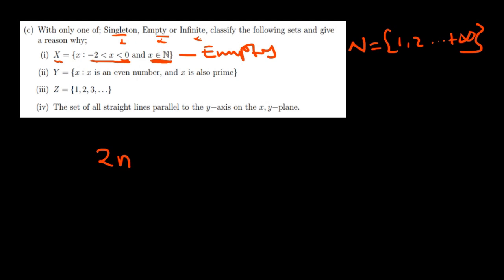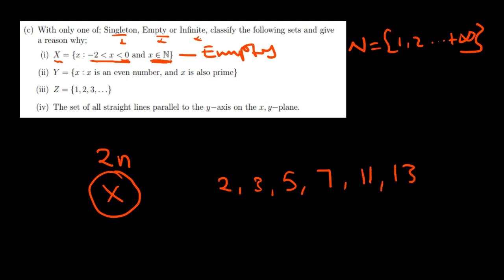And then if a certain number, let's say x, is a prime number, okay, then we know that it should have two factors, itself and 1. Okay, so examples of prime numbers, we have 2, 3, 5, 7, 11, 13, okay, and so on. So these are examples of prime numbers.